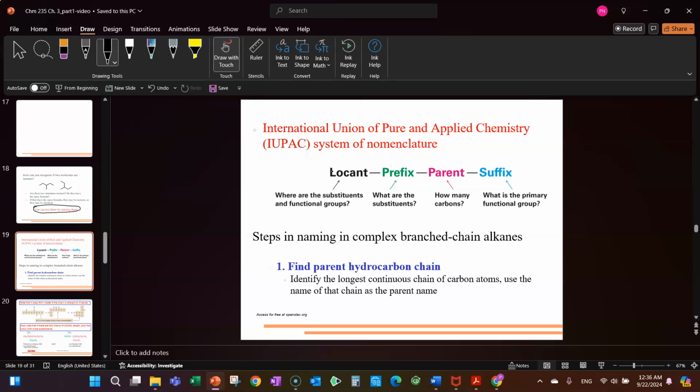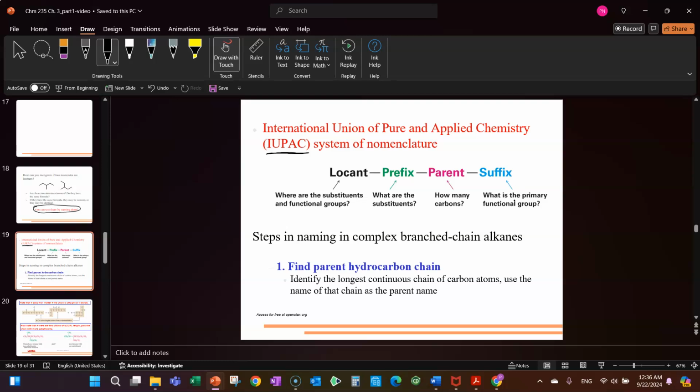We have to follow some rules to name them, and we follow IUPAC, which stands for International Union of Pure and Applied Chemistry, where each name has 4 parts. One is the locant, which tells us where the substituents or functional groups are. The prefix gives us the substituents, like methyl, propyl, a halide, etc. The parent is the total number of carbons: is it a methane, propane, butane, or pentane?